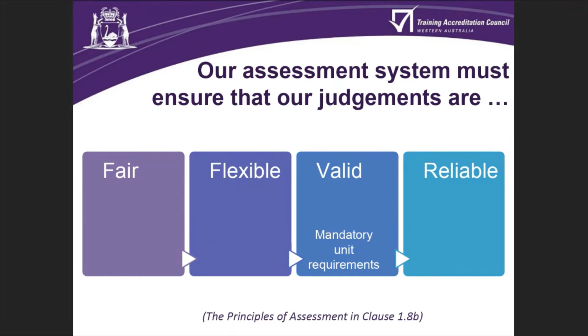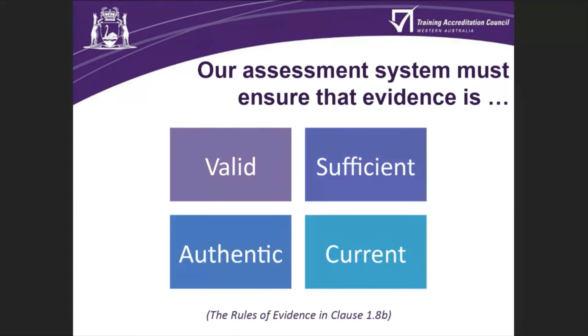Those all relate to judgments, but we also have to understand that these judgments are based on evidence, and that evidence itself must be, in the first instance, valid. That is, we must only gather evidence that relates to the unit of competency.